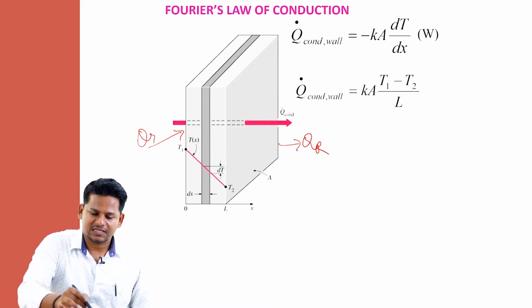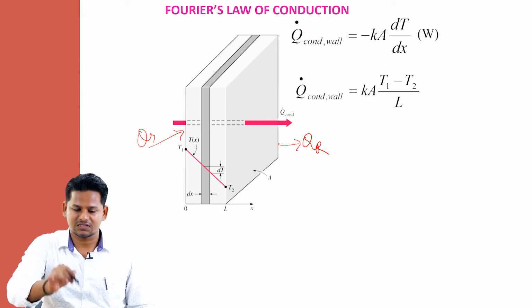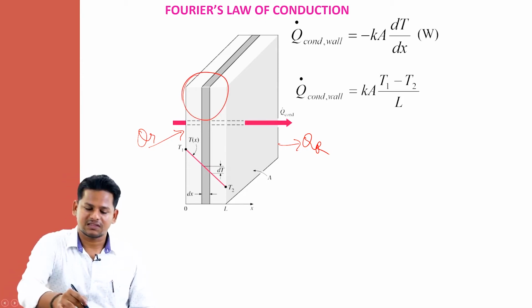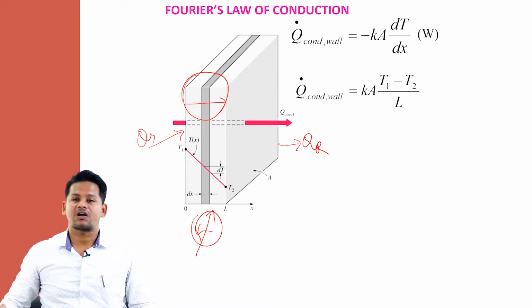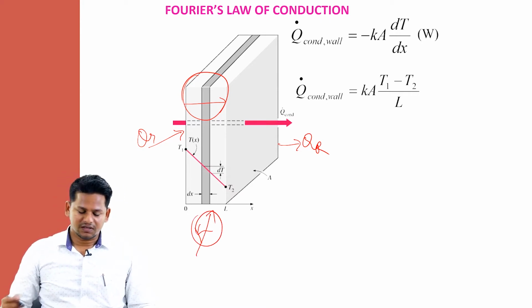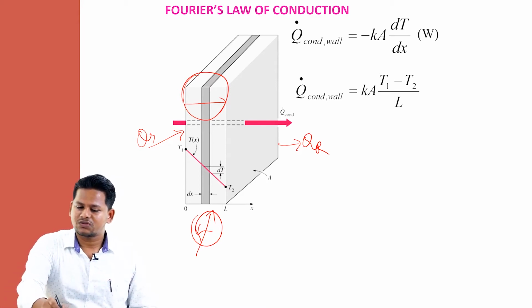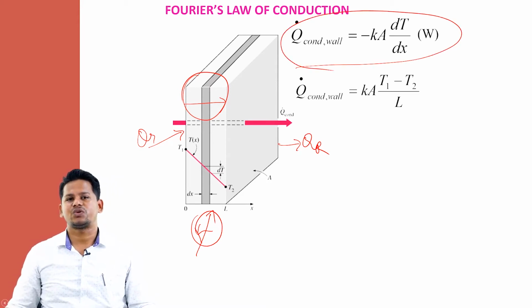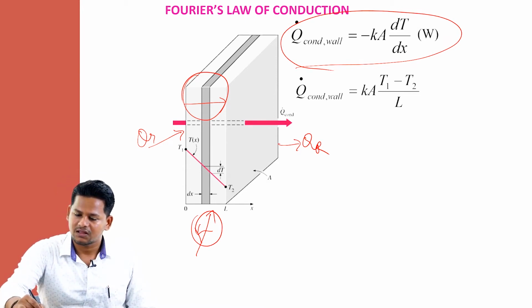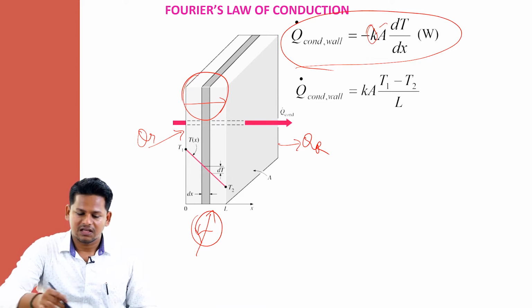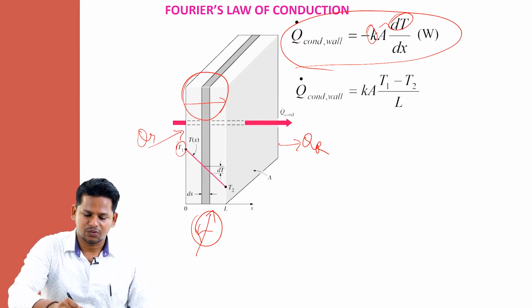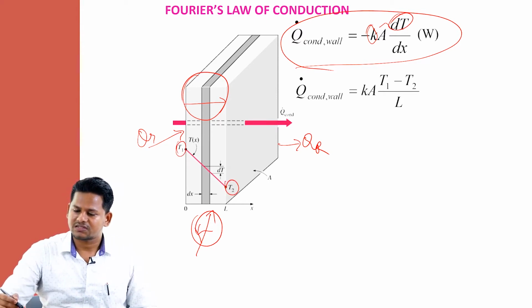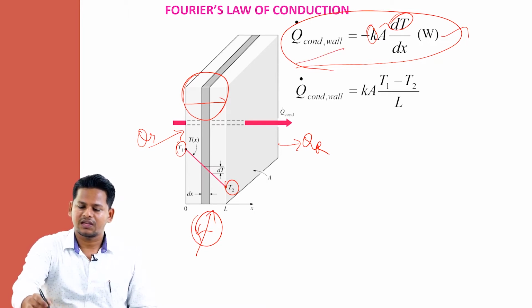If we assume this as a homogeneous material, I'm not talking about a composite, where the thermal conductivity is uniform all over the direction, so K is constant, thermal conductivity, watt per meter Kelvin, then we can easily use Fourier law of heat conduction, Q equals minus K A dT by dx, where K is thermal conductivity, A is the cross section area, and dT is the temperature difference, T1 minus T2.